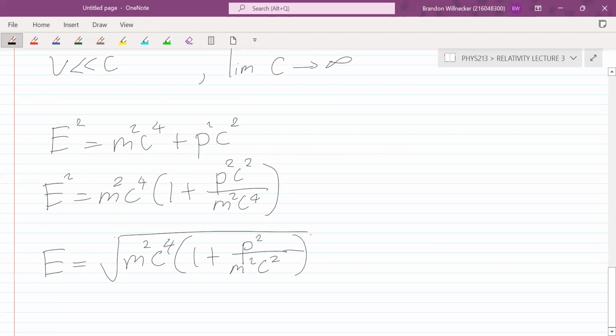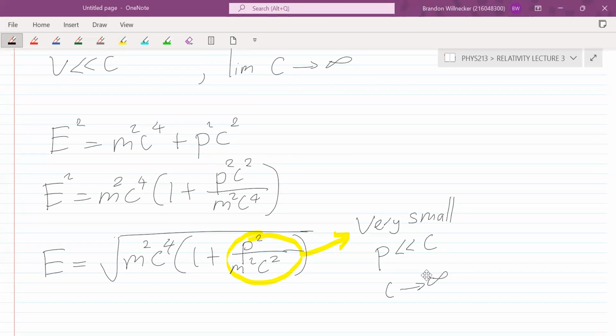c squared, like that. Now remember that in this case, c is very, very large, or you can think of it as the momentum p being very small. Either way, this term over here is very small. So you can either think of it as p being much less than the speed of light, because the velocity is much less than the speed of light, or you can say that c is going to infinity.